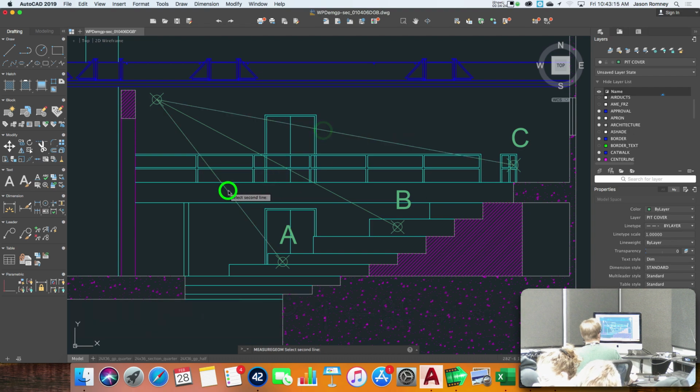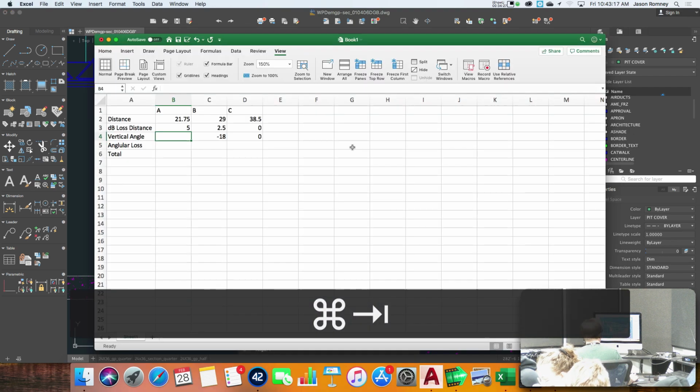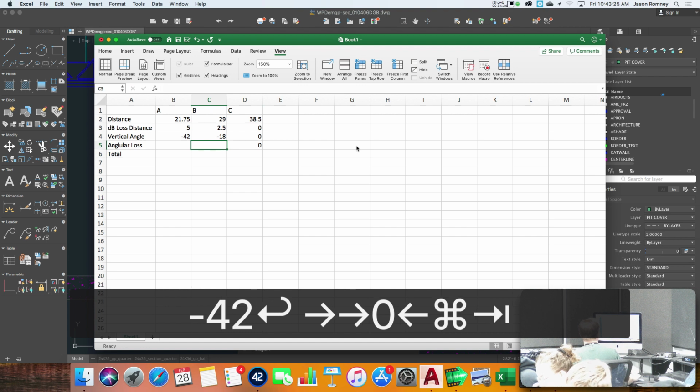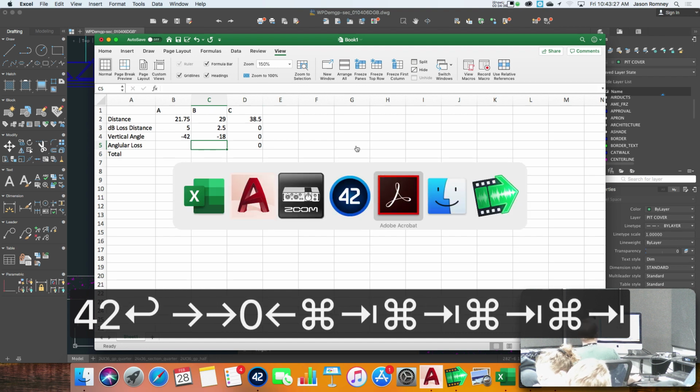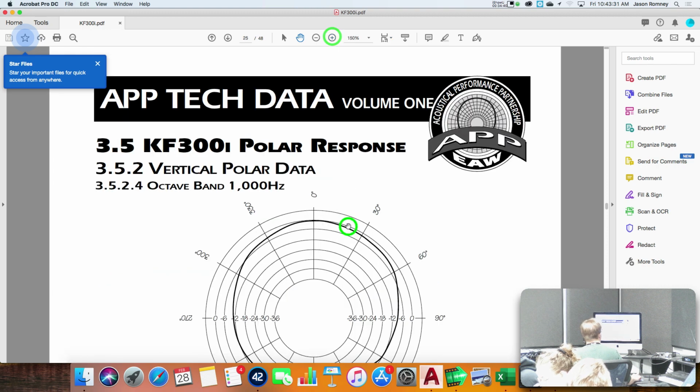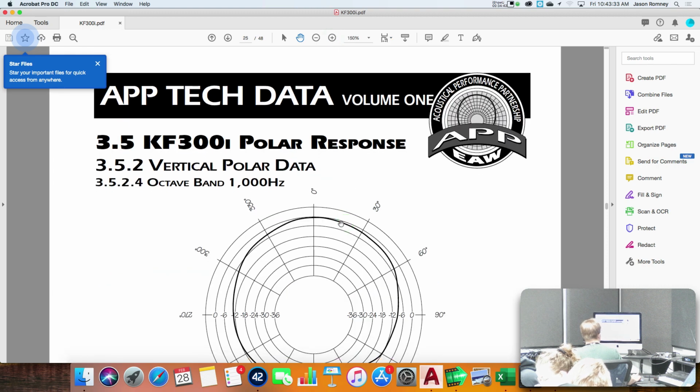Negative 42 degrees. OK? So angular loss at seat C is 0. Angular loss at seat B, let's take a look at 18 degrees vertical off axis. That's going to be somewhere in this area. Looks like it's 6 dB per division here as well. They've got them actually labeled here. See that? So I think it looks like about minus 2.